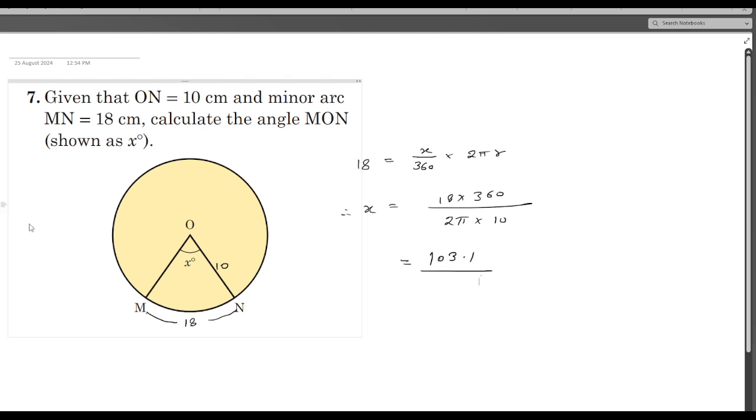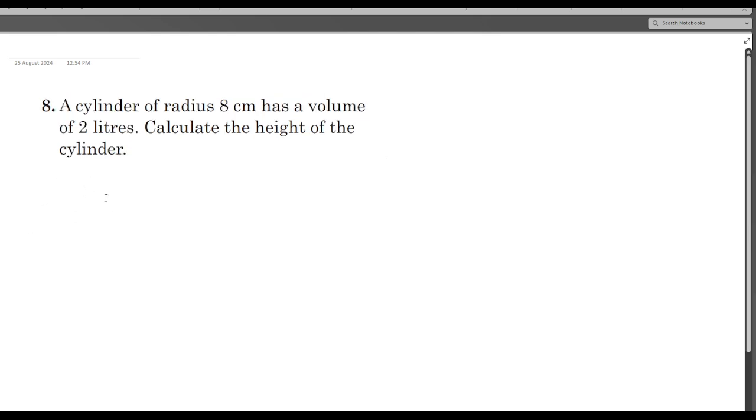Next question. A cylinder of radius 8 centimeter has a volume 2 liter. Calculate the height of the cylinder. Now 2 liter will be equal to 2000 centimeter cube. The formula for volume is pi times r square times h. So 2000 equals pi times 8 square times h.